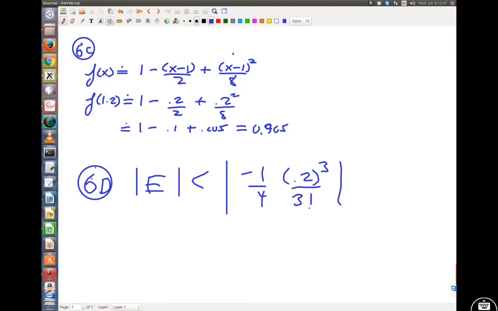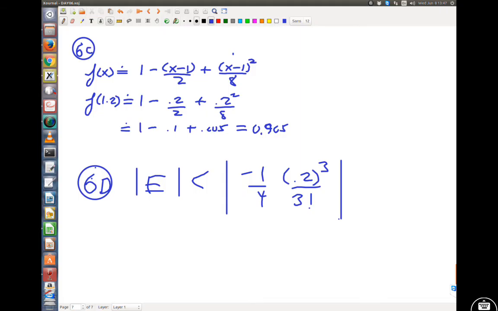Alrighty, and okay, that is, well, let's see. 0.2 squared is 0.04. 0.04 times 0.2, so 0.2 cubed, would be 0.008, right?